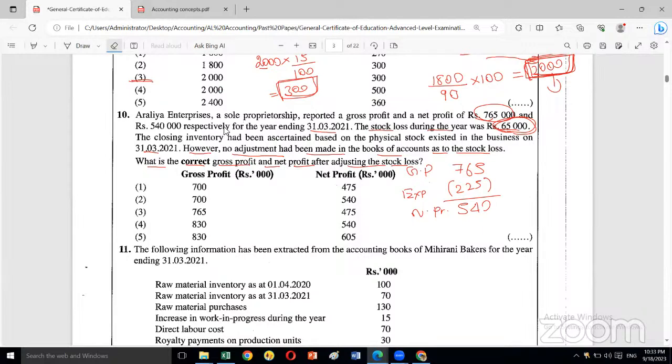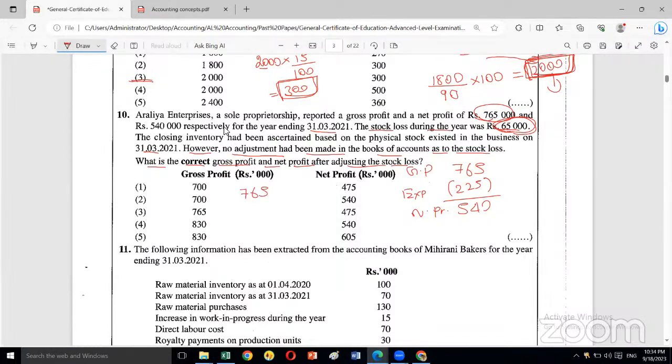Actually this 65,000 I should minus under cost of sales. If I minus this 65, the cost of sale amount will reduce. If the cost of sale is reducing, gross profit will increase. So in order to find the correct gross profit, I have to add this 65.